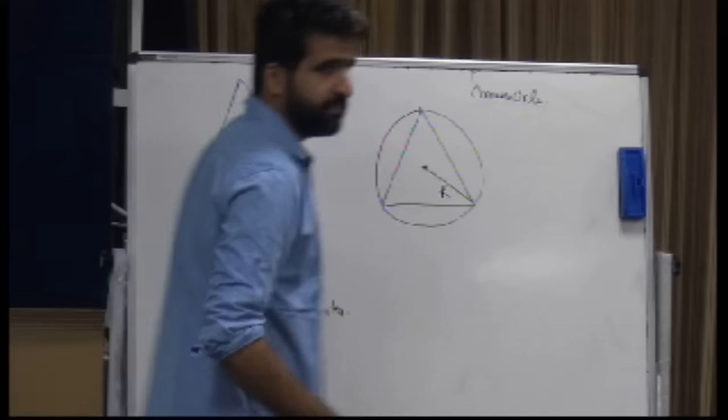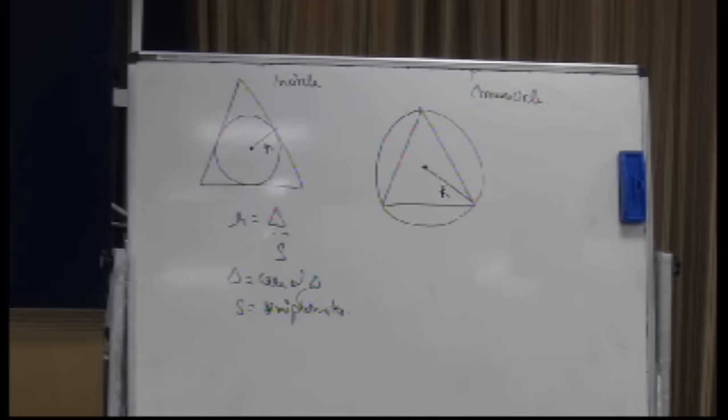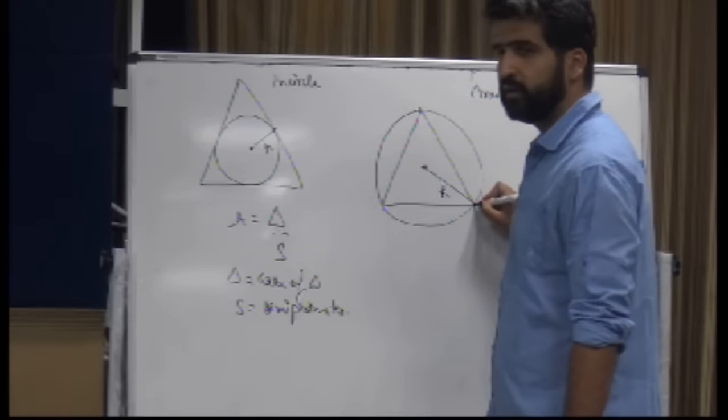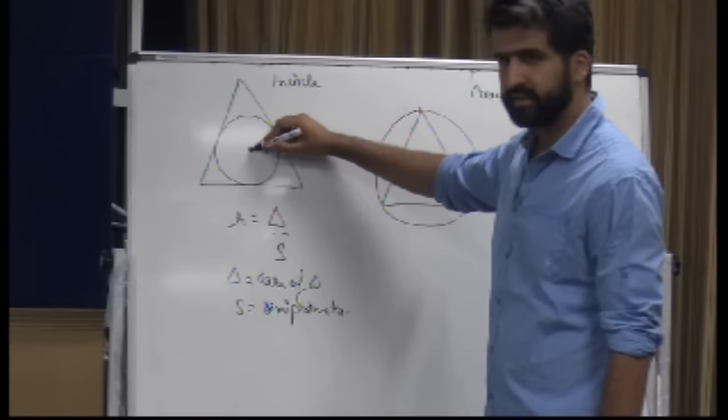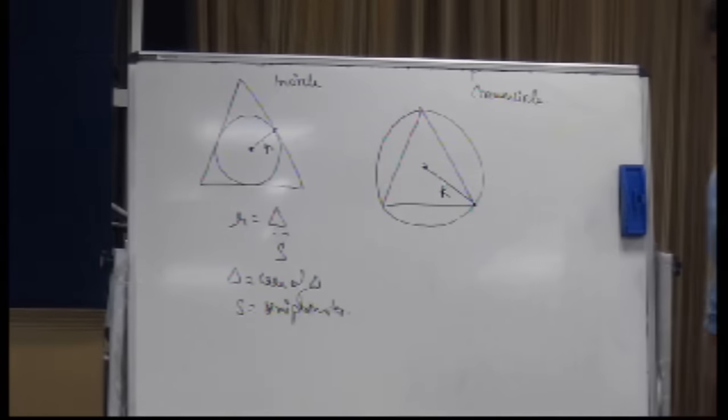And what is the value of capital R? You know it? So you understand the difference between inradius and circumradius? This is actually joining the center of the circle to this side, and this is joining this to the vertex.